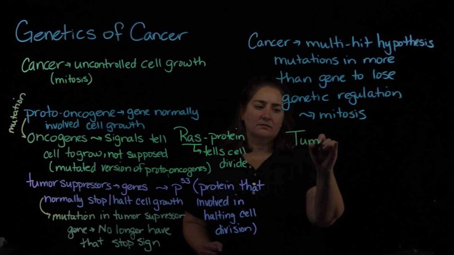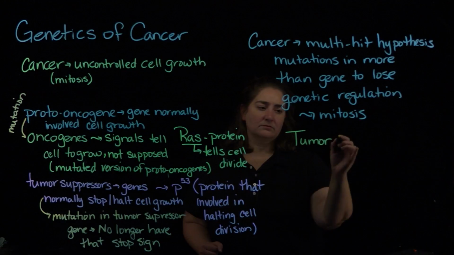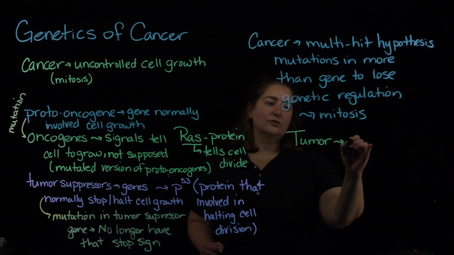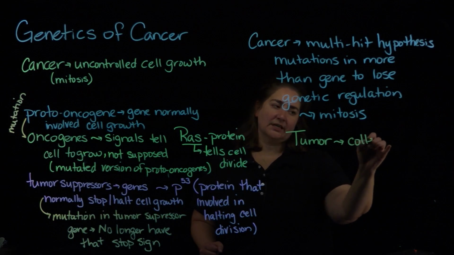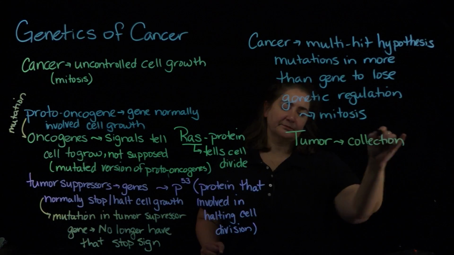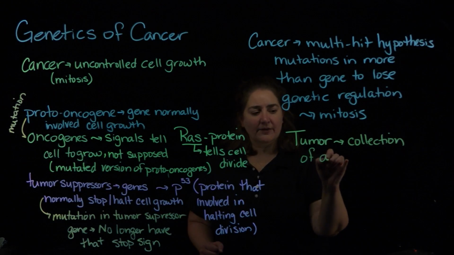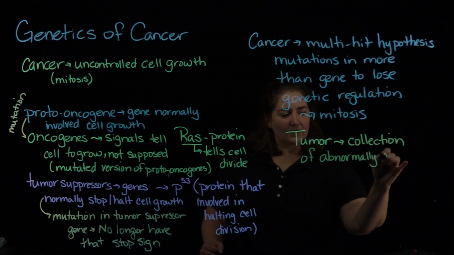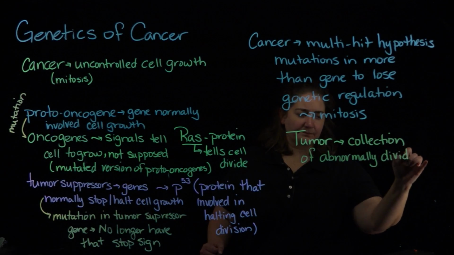All right? So the other thing that I like to talk about when I talk about cancer, okay, is tumors, or the idea of the tumor, okay. A tumor is, we'll call it, a collection of abnormally dividing cells.